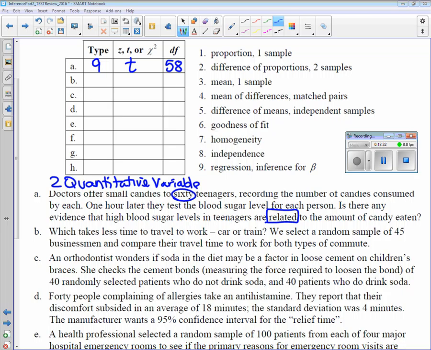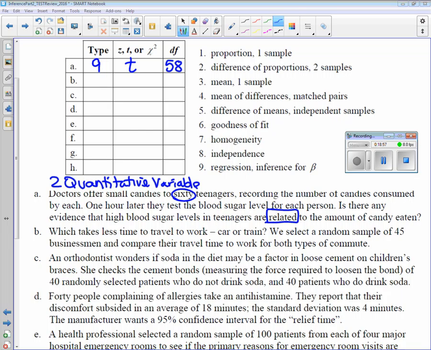Comparing those times. I have one sample of 45 businessmen, but I'm measuring 2 different times for those 45. I'm going to take those 45 people and put them on a train, and measure how long it takes them to get to work. Those same people, I'm going to put in a car and measure how long they take to get to work. Does that clarify what answer it should be?